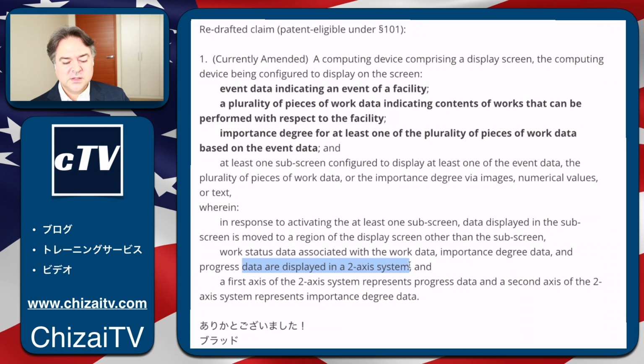And then data are displayed in this two-axis system. So that's your X and your Y. I added that second display limitation because we were avoiding some prior art in the case. I don't think that this displayed in a two-axis system is completely necessary to avoid 101. I think that this moving function here is enough.